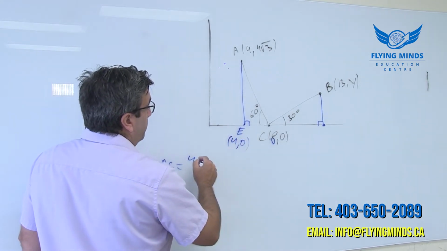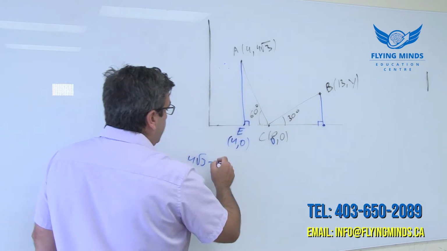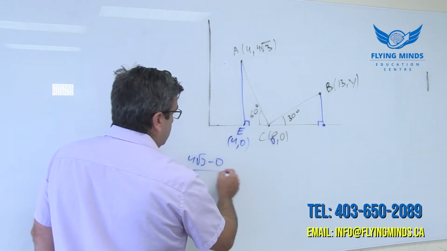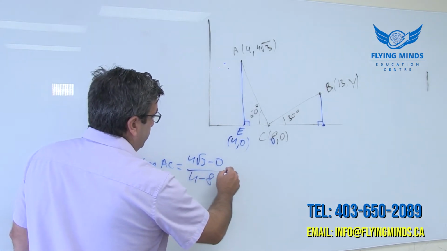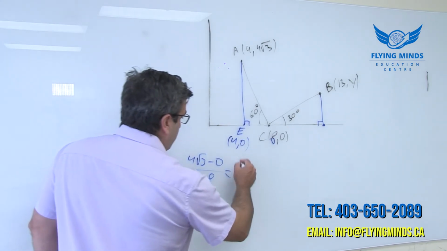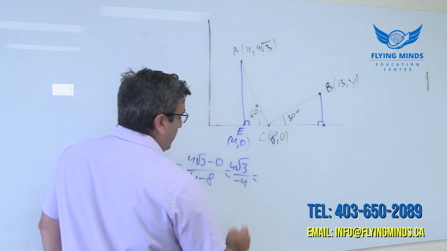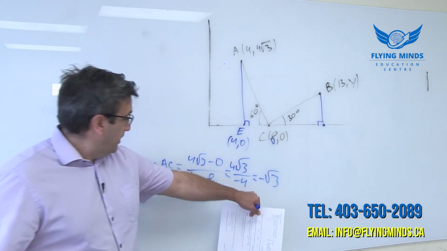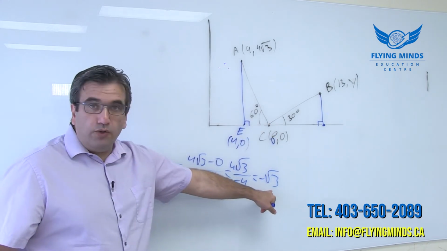Rise will be 4 square root of 3 minus 0, and run will be 4 minus 8. So the slope of AC will be 4 square root of 3 over negative 4, or just negative square root of 3.